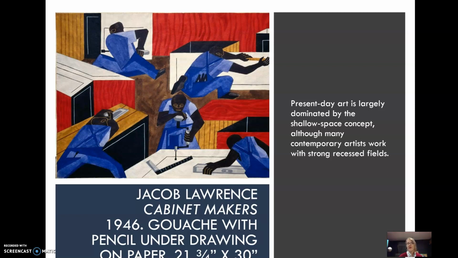A lot of artists that create images use shallow space, although many contemporary artists work with strong recessed fields. And personally, when I do create artwork that is pictorial and representative, I use shallow space myself. I don't create very many images out of the outdoors, all right?